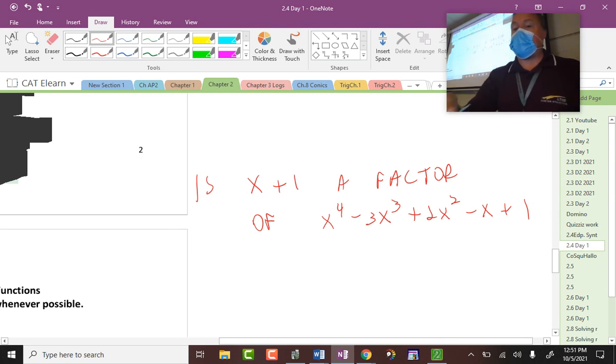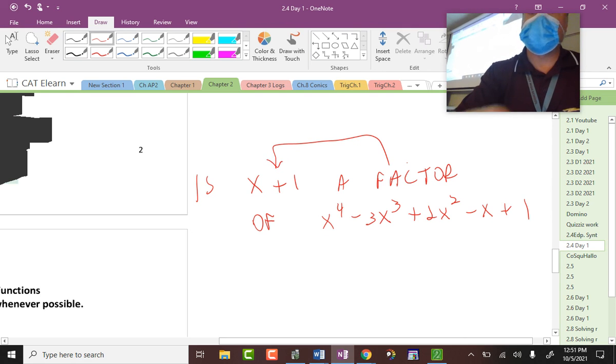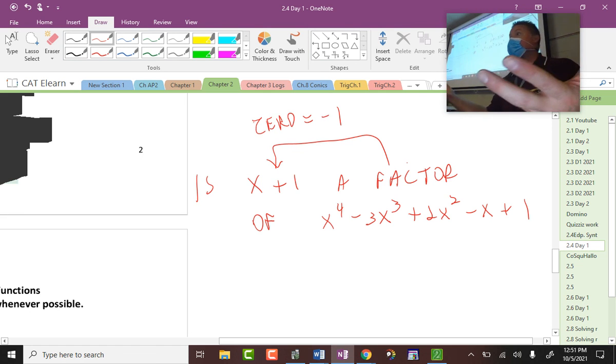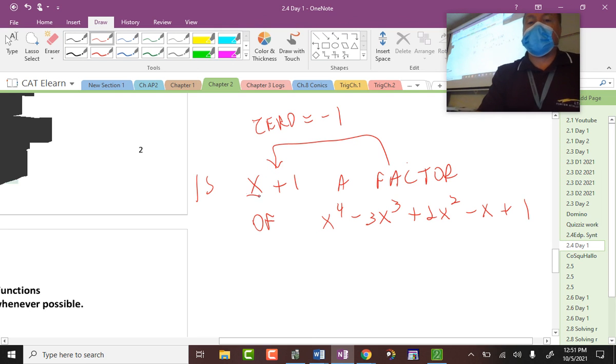Remember what I told you about factors? Factors are these binomials, which means if that's the binomial, then a 0 would have to be negative 1, right? So if this is truly a factor, this would have to be a 0.